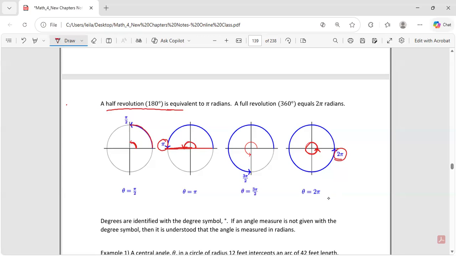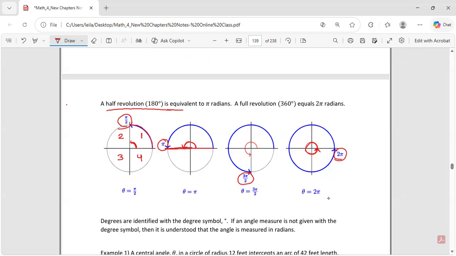Half of the pi is pi over 2, and this point is 3 pi over 2, because the coordinate plane always divides the whole circle into 4 quadrants. So we have a first quadrant, second, third, and fourth quadrant. And every quadrant has 90 degrees or pi over 2.